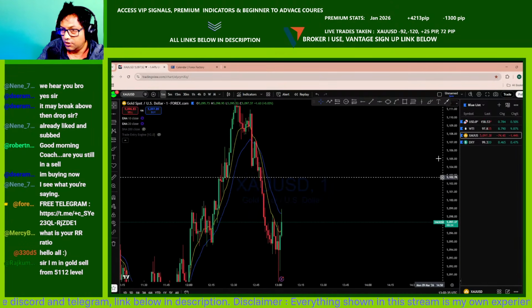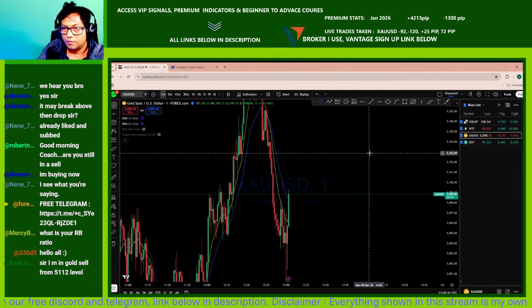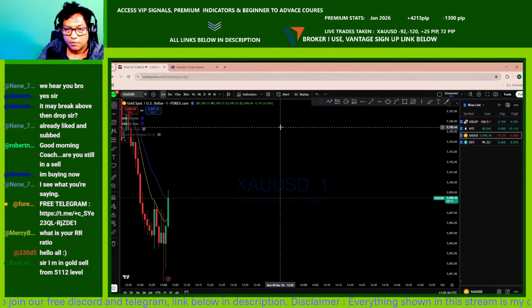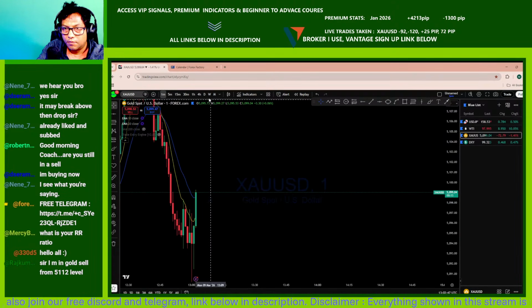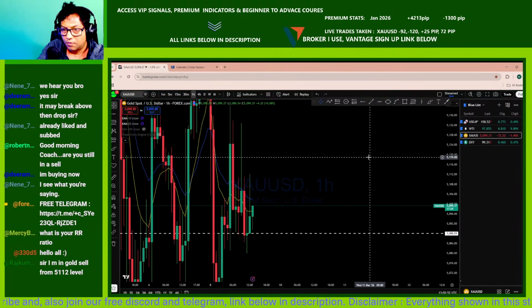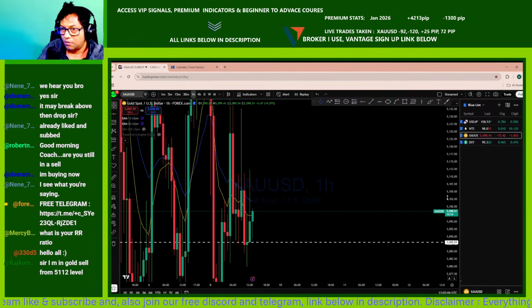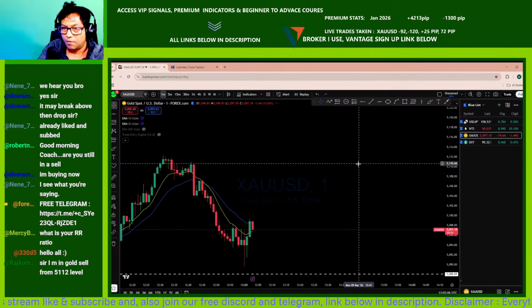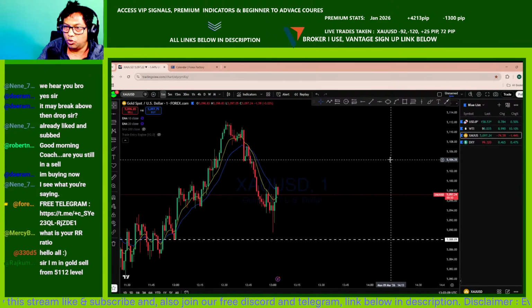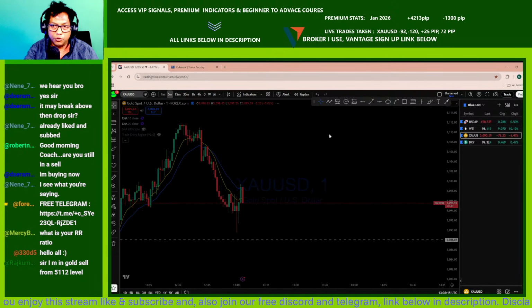It's not getting ready for an entry yet. Okay, the market is in a zone where if it reverses off this level, we'll be looking for a potential sell setup.